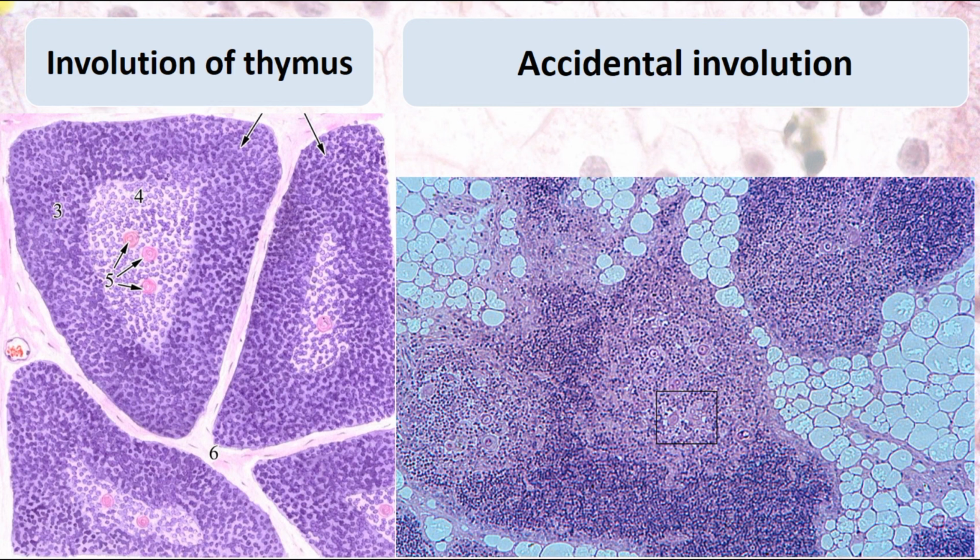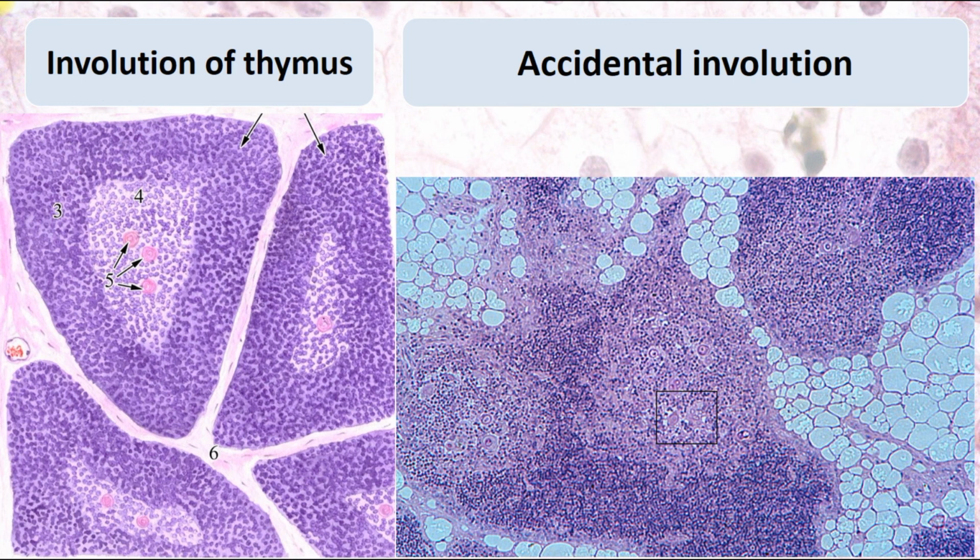What happens during this involution? T lymphocytes, immature lymphocytes, migrate into the peripheral organs of the immune system to provide immune reaction, and thymus becomes empty. And the empty stroma of thymus without T lymphocytes undergoes rebuilding, and it's replaced with connective tissue, adipose tissue, and it's called accidental involution.